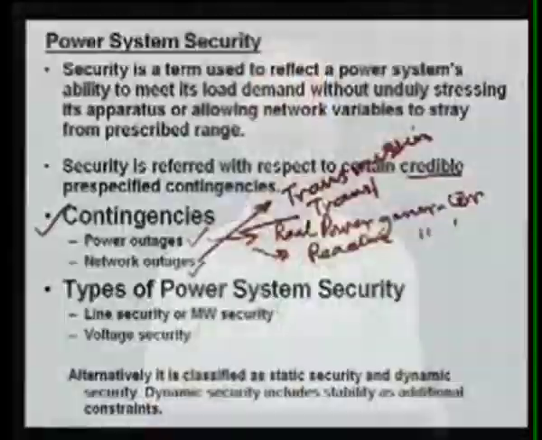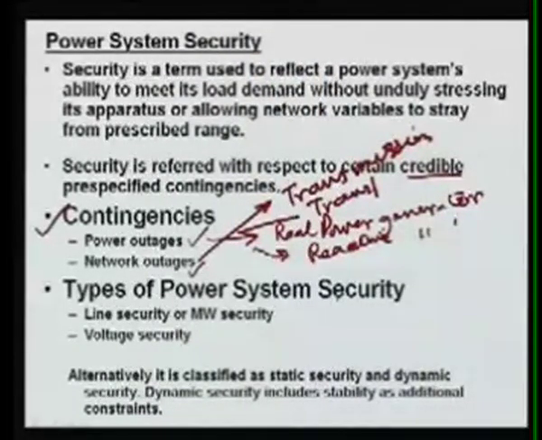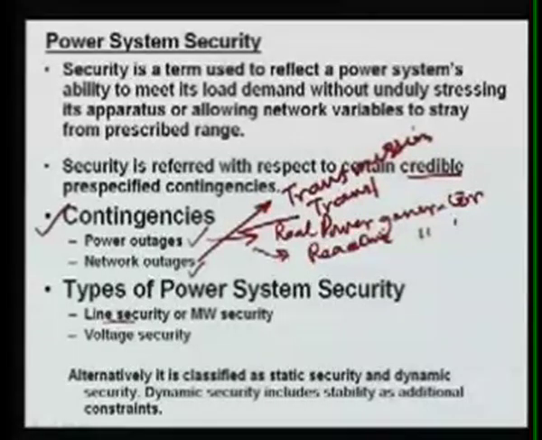Again, this power system security can be classified into two categories. One is line security, or it is called megawatt security. Megawatt security is sometimes also called real power security. Another is voltage security. In line security, or megawatt security, or real power security, normally we deal with the power flow of the transmission lines and the transformers.